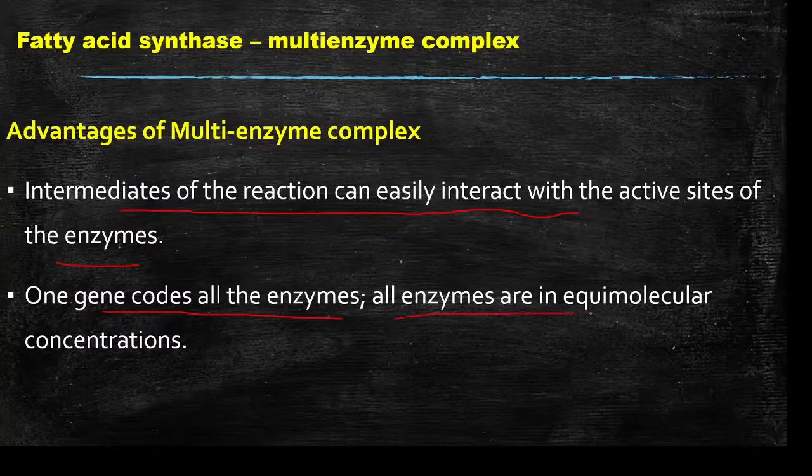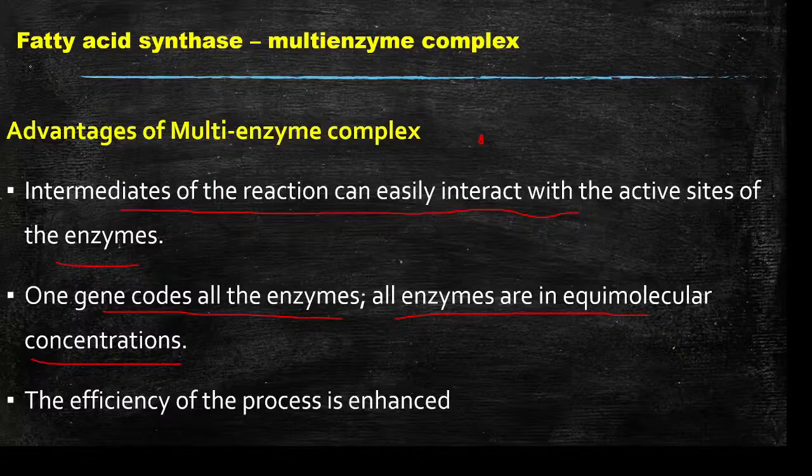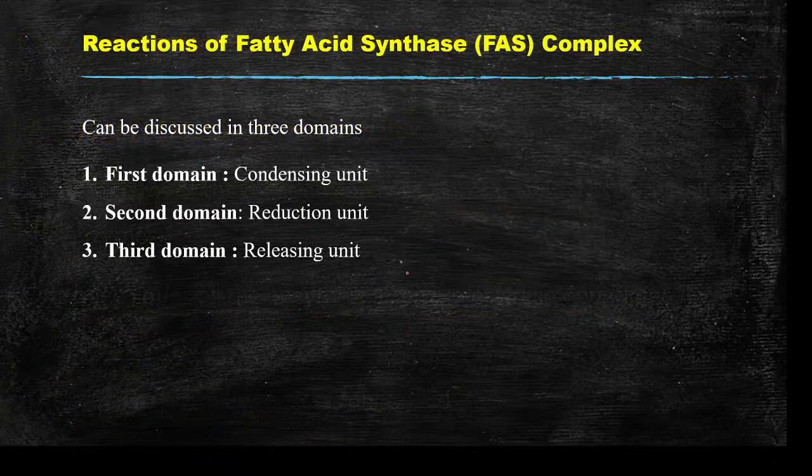All enzymes are in equimolecular concentrations, so there will not be any deficiency of any one particular enzyme. If there is deficiency, it will be of the whole fatty acid synthase complex. Hence the efficiency of the process is enhanced.